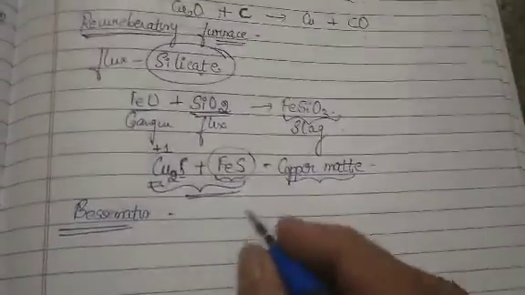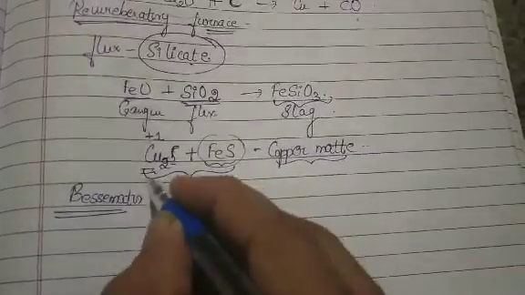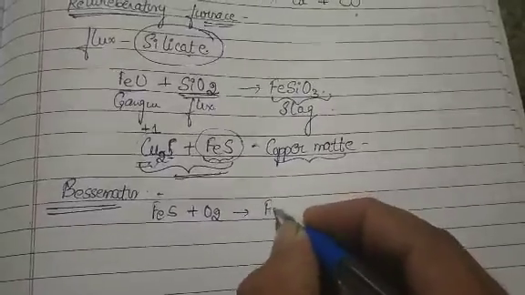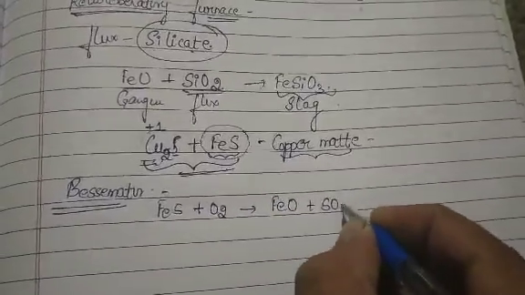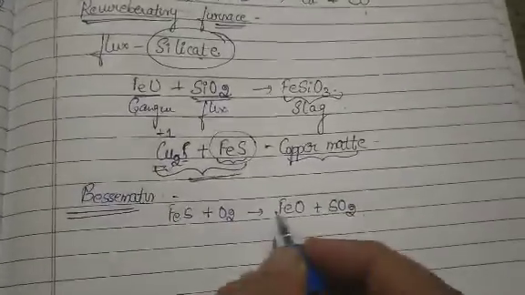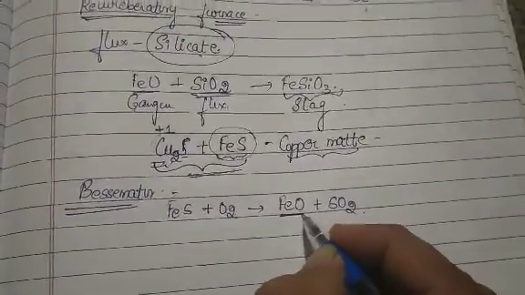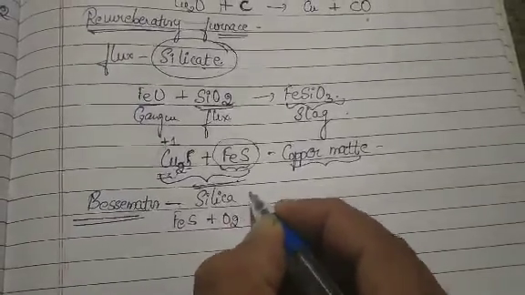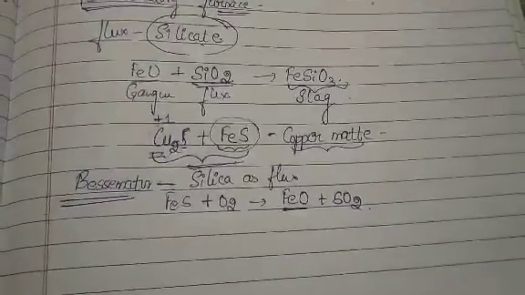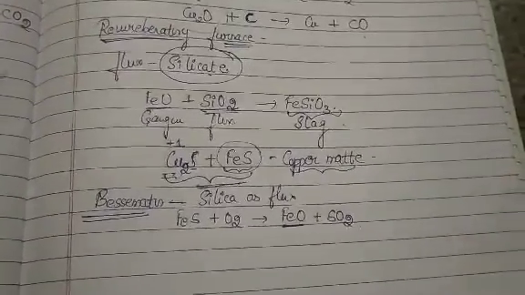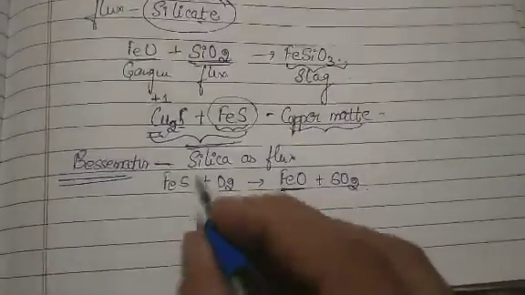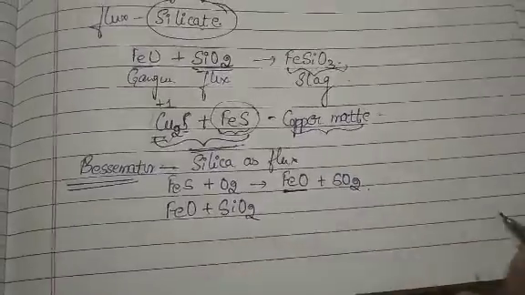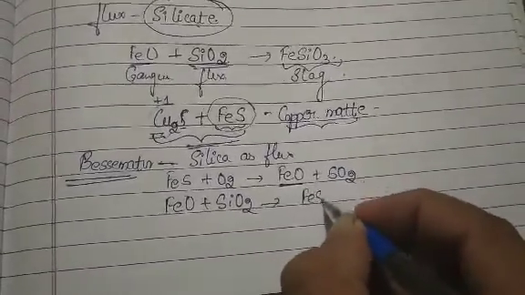So of course the FeS in this copper matte is first converted to the respective iron oxide plus SO2. Then for this iron oxide, in this converter we have once again added silica as a flux, which reacts with SiO2 to give slag.